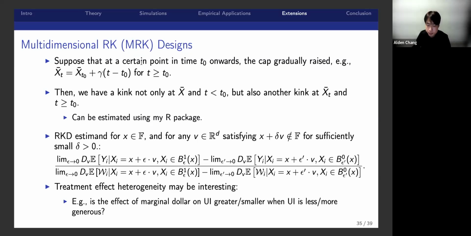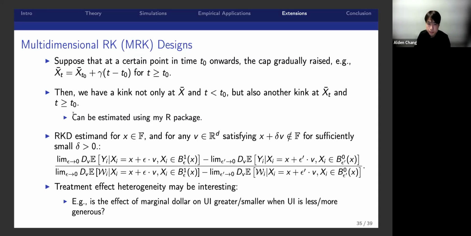Suppose that the cap used to stay at the same level for some time, but from some time t0 onwards, the cap is gradually raised, perhaps every year or every quarter. So it becomes higher and higher. Then in this case, we have a kink not only at x bar at times prior to t0, but also another kink at the higher cap at times after t0.